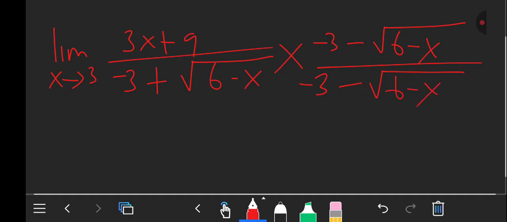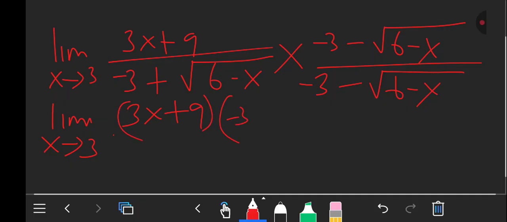So after you do that, you can now continue to say limit as x approaches 3. I'll have 3x plus 9 in brackets, being multiplied by negative 3 minus square root of 6 minus x, over. The simplest way to evaluate the denominator is just difference of two squares.